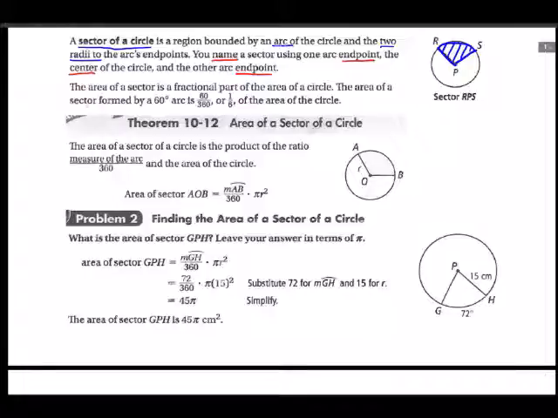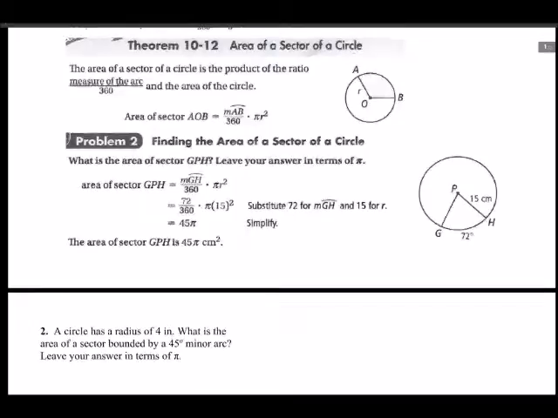Now, if you're looking at this and thinking, hey, this looks like what we did with arc measure and arc length, it's very similar. This is a fraction of the area. This is just a piece of pizza. You have the entire pizza, which is your area, and one slice is a fraction of that entire pizza. So that brings us to our next theorem, the area of a sector.